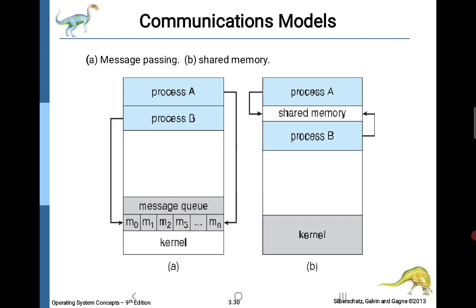A shared memory is a space in one process address space, that is the space in the memory allocated to process A, for example, and process A would allow process B to access this part of the memory in order to read or write or both.